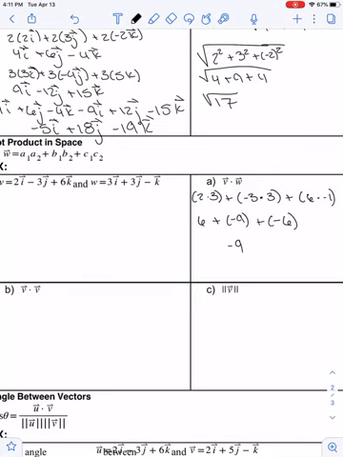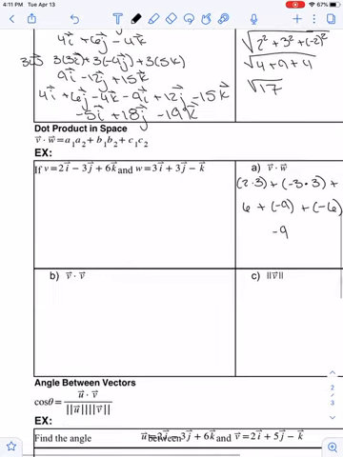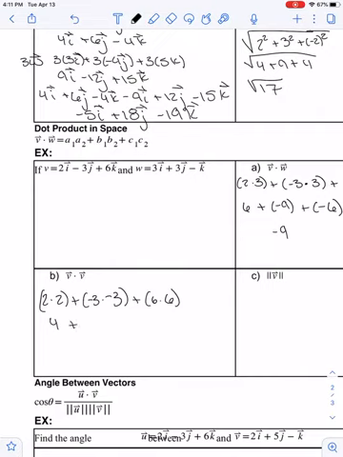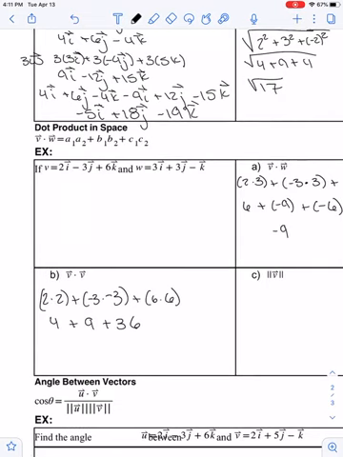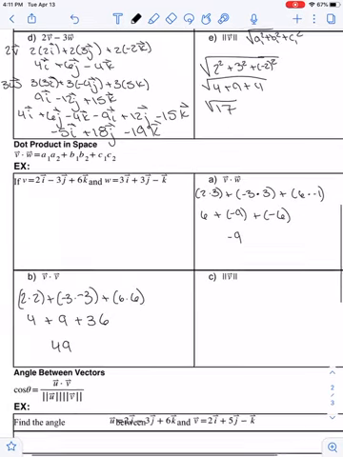Alright, next we have here v times v. So 2 times 2 plus negative 3 times negative 3 plus 6 times 6. So that's 4 plus 9 plus 36, which is 36 plus 4 is 40, plus 9 is 49.